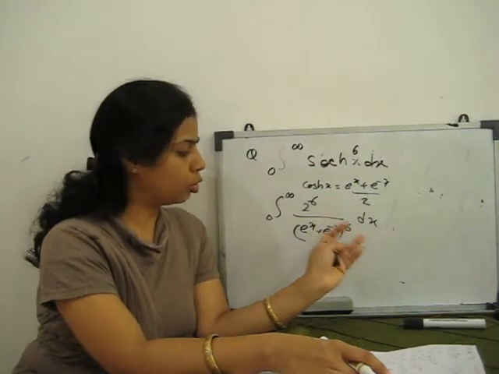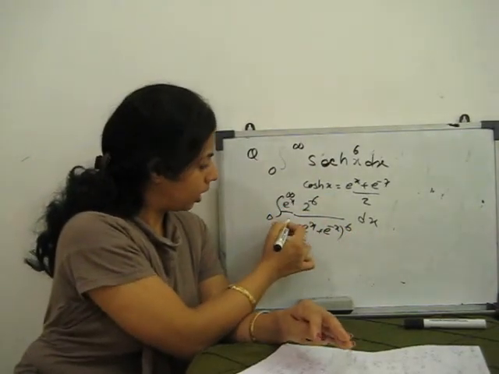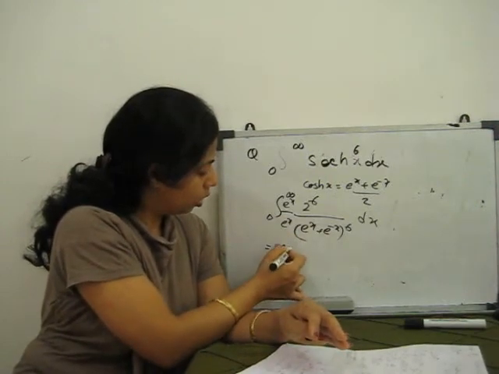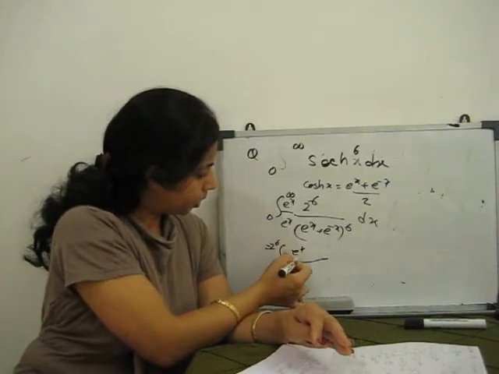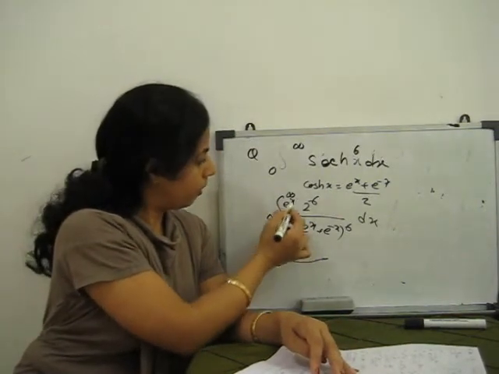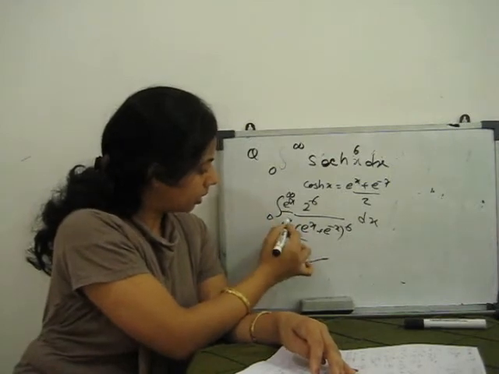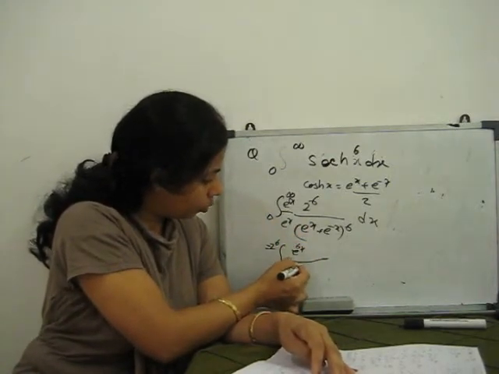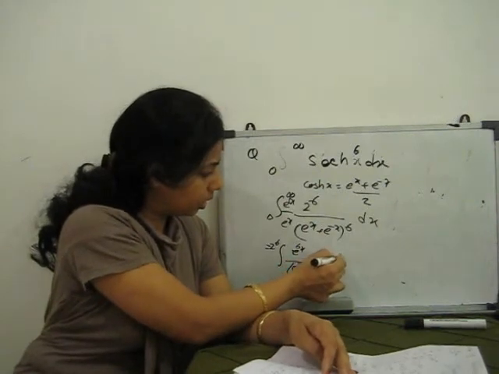We don't need the integral in this form, so what we can do is multiply with e to the power x in numerator and denominator. So it gives 2 to the power 6 outside, and e to the power 6x goes inside, over e to the power 2x plus 1 to the power 6, dx.